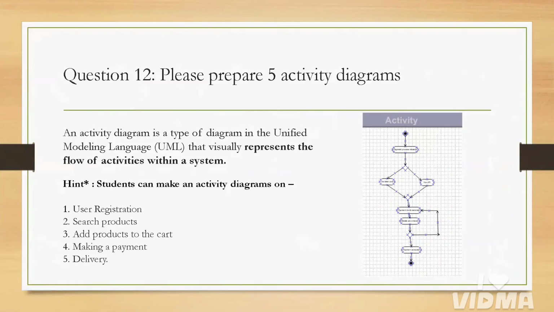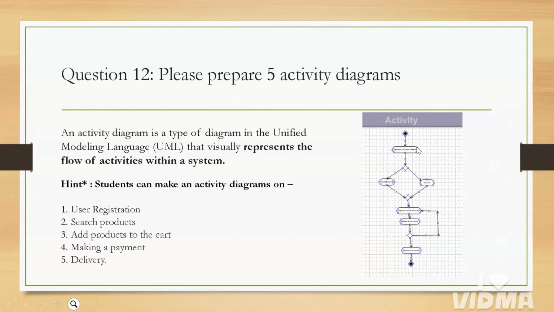And the last question is: please prepare 5 activity diagrams. Activity diagrams are also one of the UML diagrams, which represent the workflow of the system. For each and every action, how the system should respond to the actor or user accessing the application is represented visually.